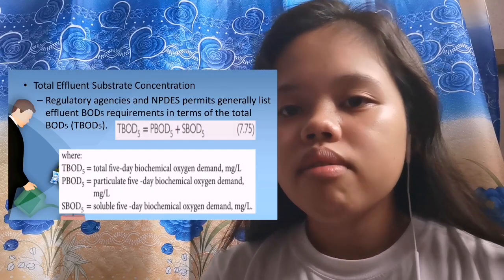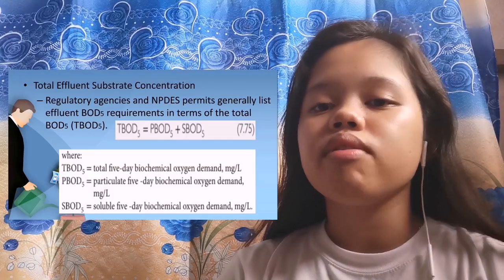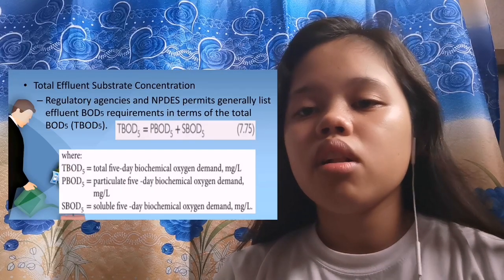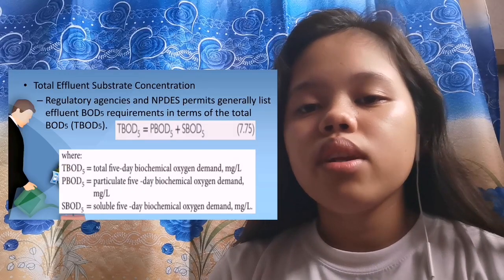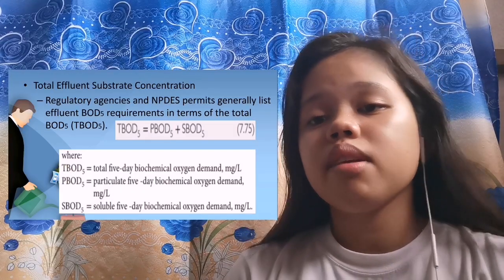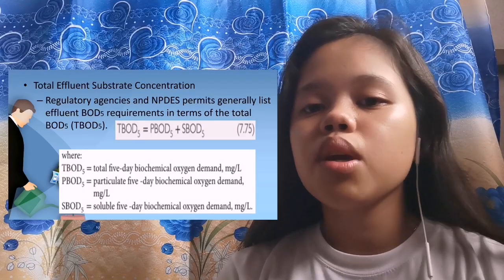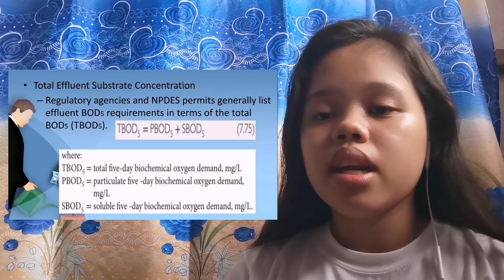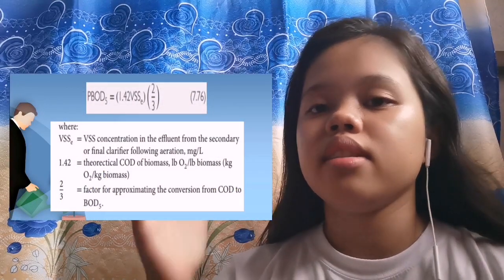The formula of this is TBOD5 equals PBOD5 plus SBOD5, where TBOD5 is total 5-day biochemical oxygen demand, milligram per liter. PBOD5 equals particulate 5-day biochemical oxygen demand, milligram per liter. SBOD5 is soluble 5-day biochemical oxygen demand, milligram per liter. The formula in getting PBOD5 is this.